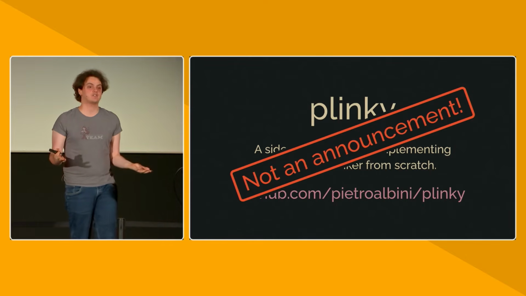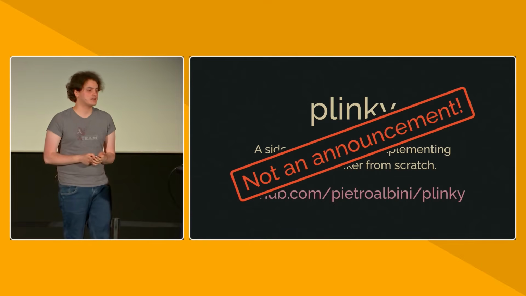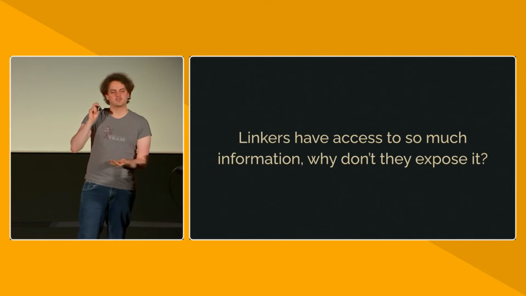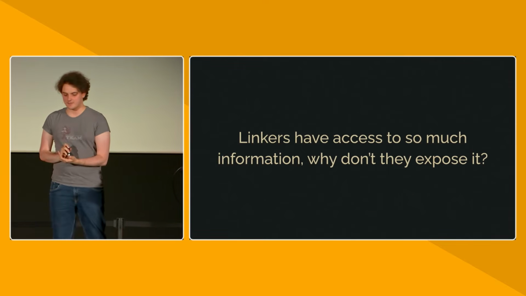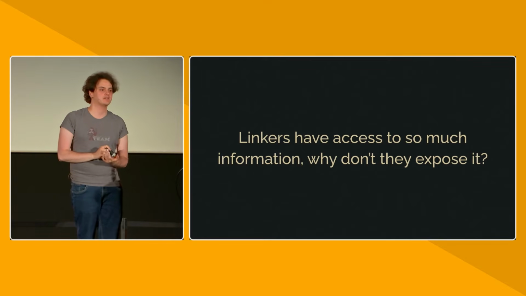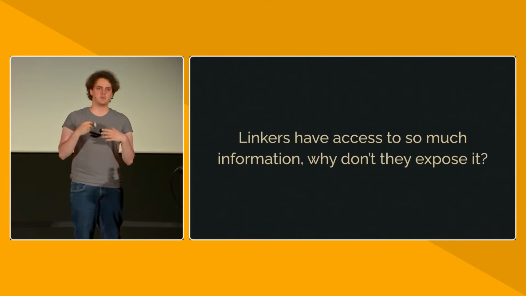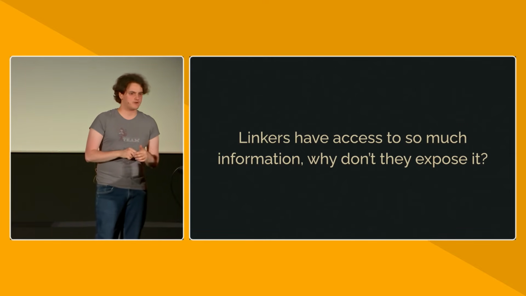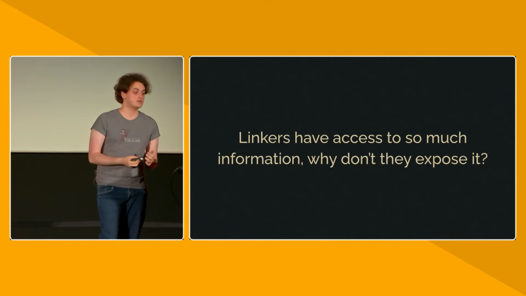It's just a playground for me to experiment and learn. But while doing that, I realized that linkers have access to so much information. Linkers have so many details about your program and about what they're doing, and they could put all of that in their messages, but they don't. It was so frustrating that I decided Plinky is not just a way for me to learn. It's also a way for me to experiment on how to push the boundaries.